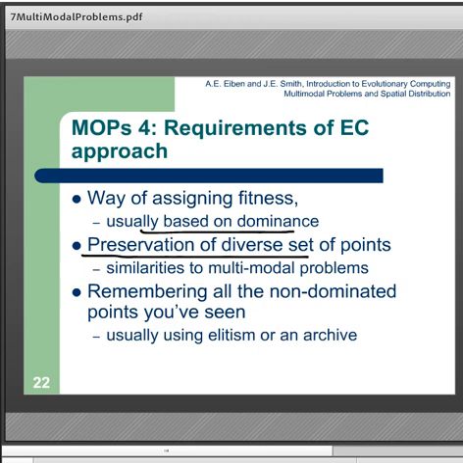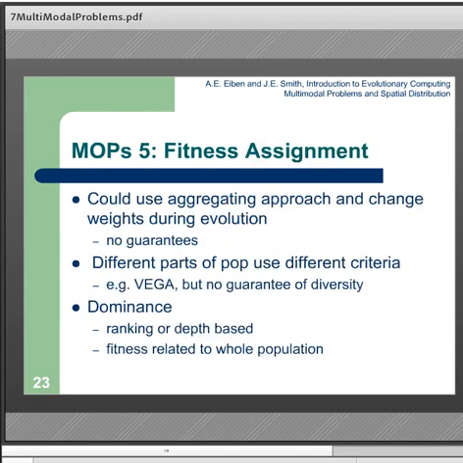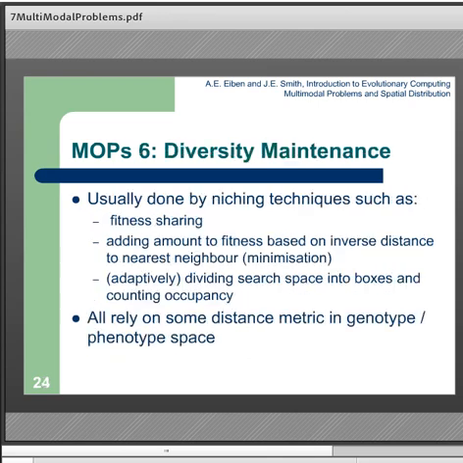Some methods to keep diversity high we explained, using the weight and dominance.